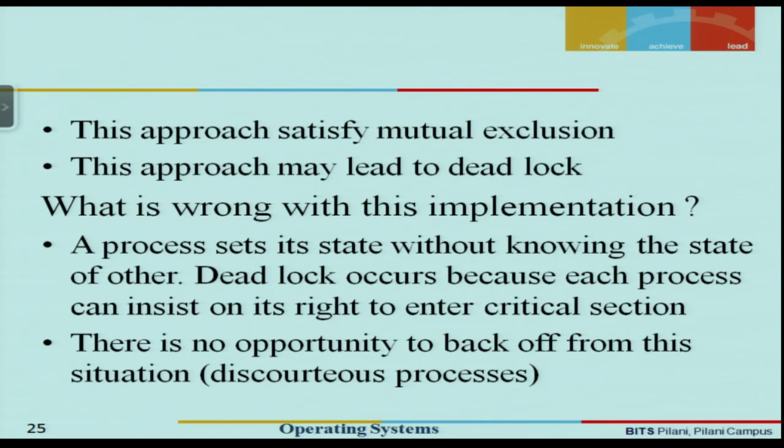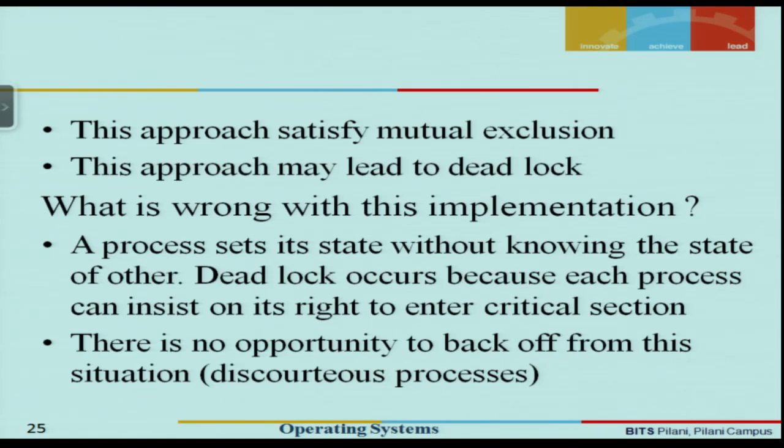So we find that this approach satisfies the mutual exclusion, but this approach would lead to a deadlock. We need to analyze why this approach failed. A process sets its state without knowing the state of the other, and that's the reason that deadlock occurs, because each process can insist on its right to enter the critical section. Furthermore, we can very clearly see that once these processes have marked their status as true, there is no backing off mechanism.